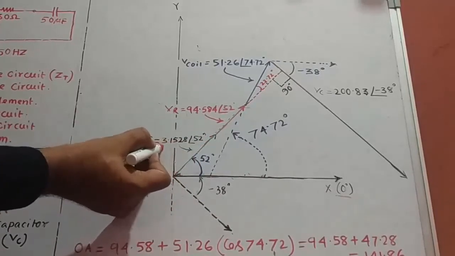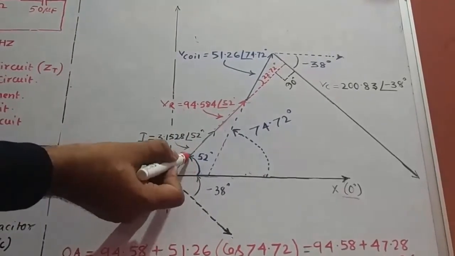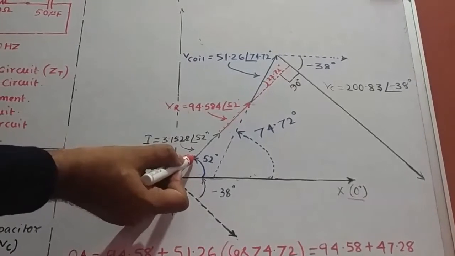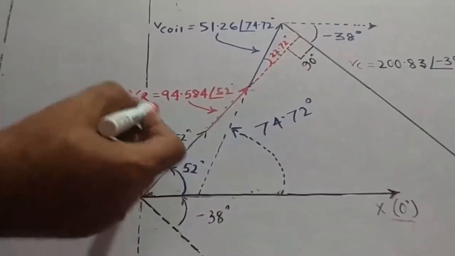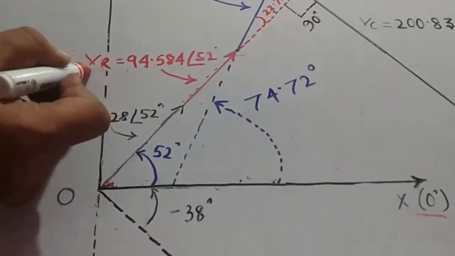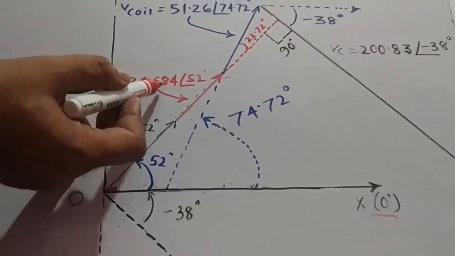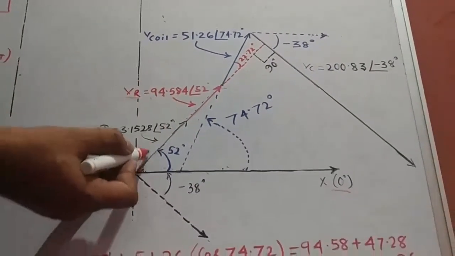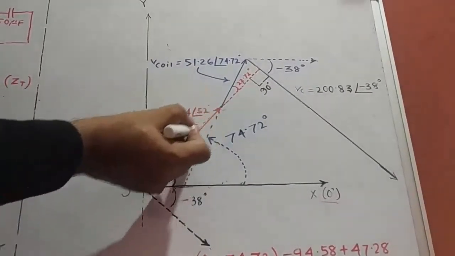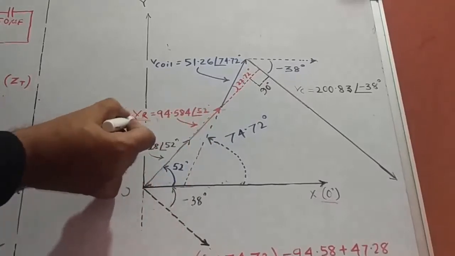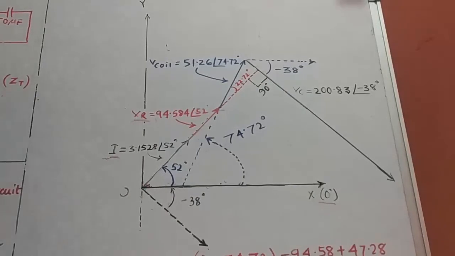This is the magnitude of the current, and this is the angle 52, indicated in blue. Now the resistive voltage drop I have shown in red, 94.58 at angle 52. It is in the same phase, so this voltage VR will be in the same phase as the system current.